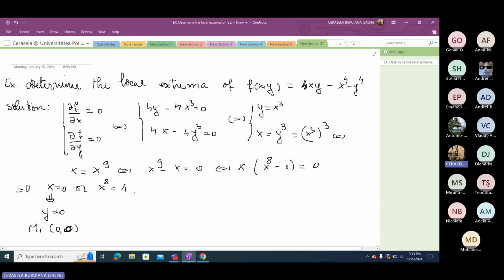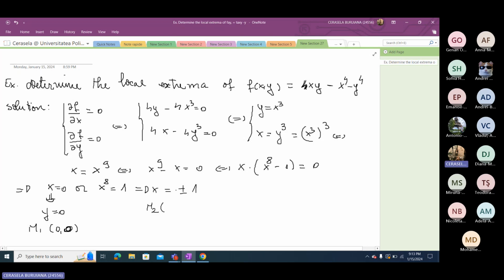And from x power 8 equals 1, I get x to be how much? Yes, so x is plus minus 1. Good, that's true. So immediately I get two other points.